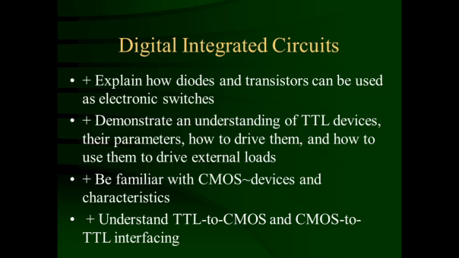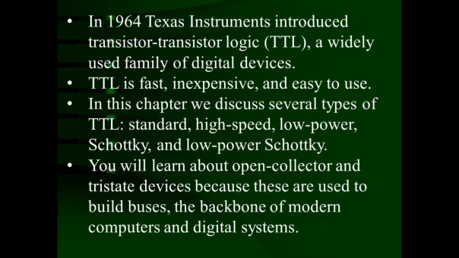Then the third objective, be familiar with the CMOS devices and its characteristics, and understand TTL to CMOS and CMOS to TTL interface. These are going to be our objectives particularly for this chapter.